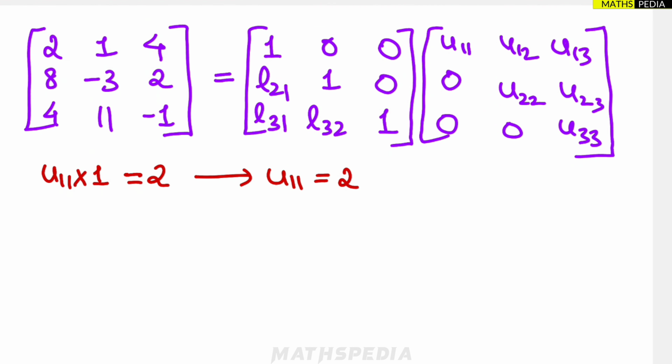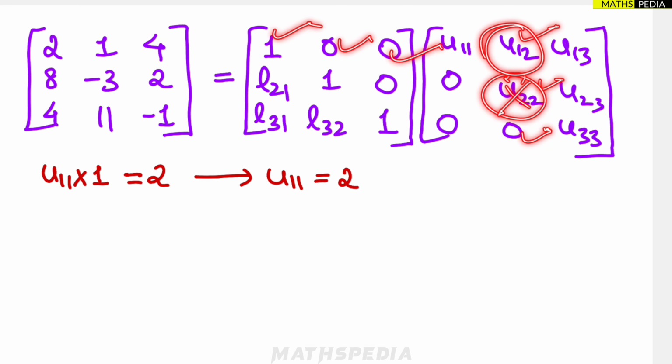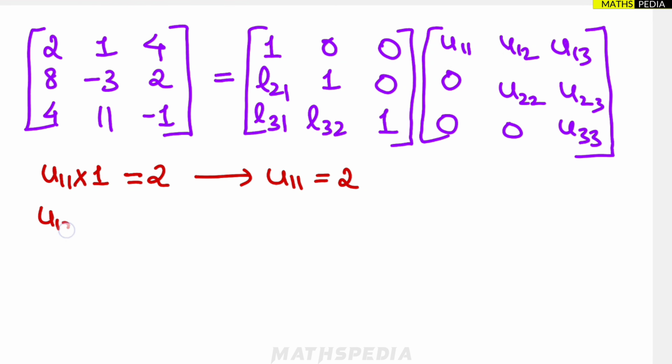So 1 into U12, 0 into U22, 0 into 0. But this is 0, so it is not required. Only the multiplication U12 into 1 is left. Equal to what? As I said before, we have to compare it with the 1. Here also directly we got the value, U12 is equal to 1.